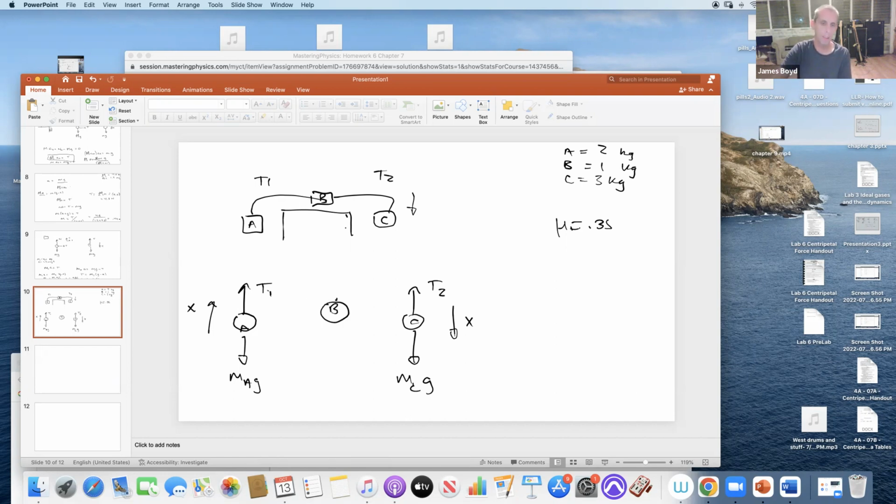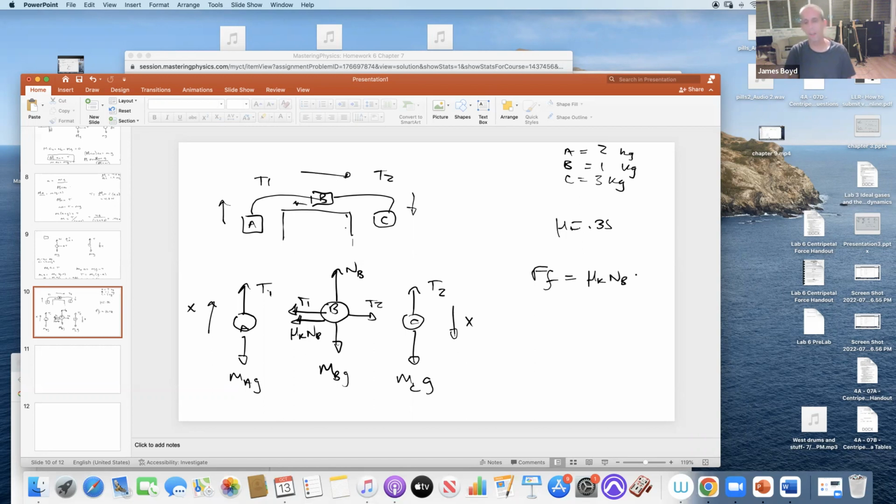For B, we have NB, the normal force on B, MBG, T2, the rope going to C, and T1, the rope going to A. We also have a force of friction, mu K NB. If it's going that way, the force of friction has to work in the opposite direction.